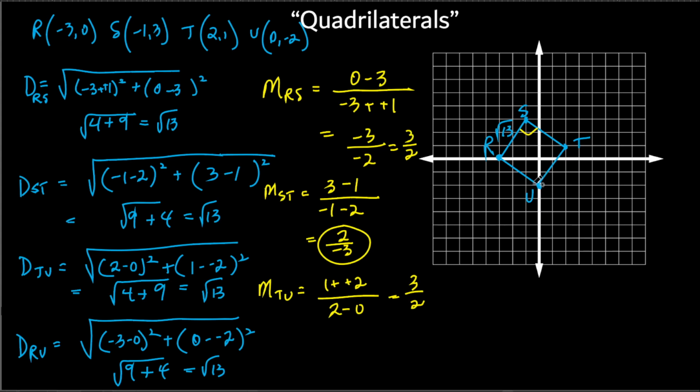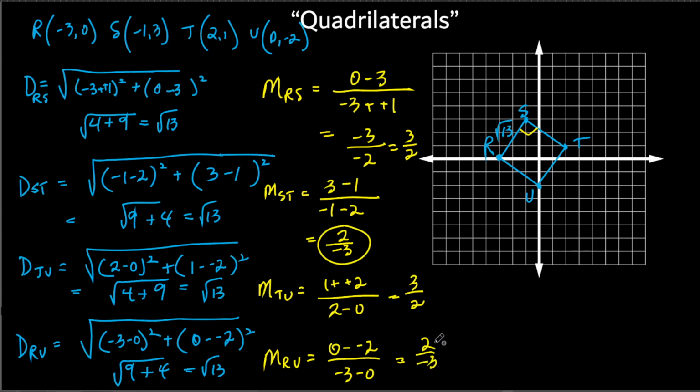That's really enough to show that it's a rectangle or a square. But let's do one more, just to make sure. RU. All right, so RU are the two end ones right here. So let's see. 0 minus negative 2. Everybody see that? 0 minus negative 2. And then negative 3 minus 0. That's positive 2 over negative 3.